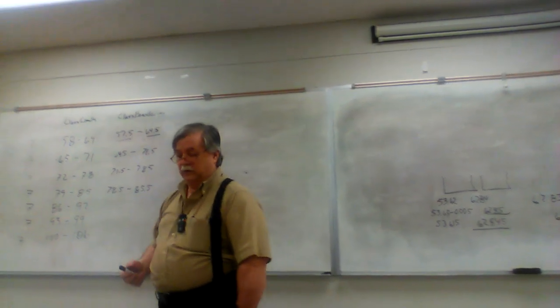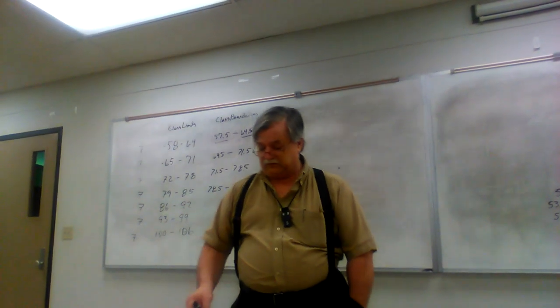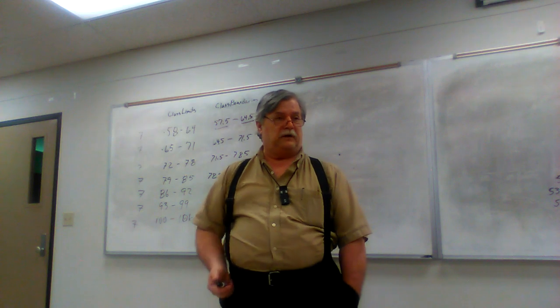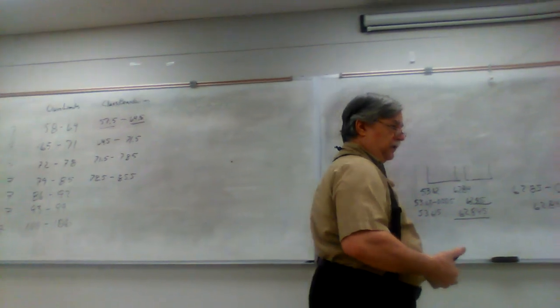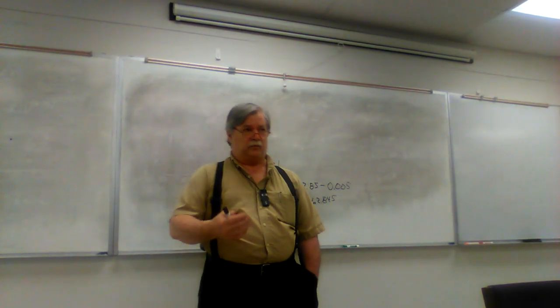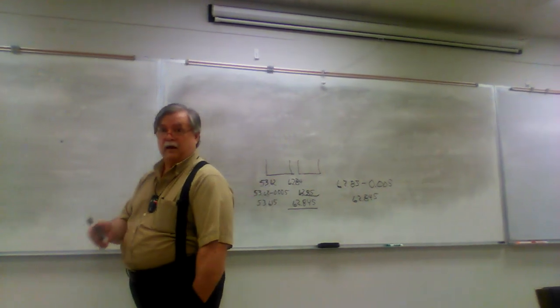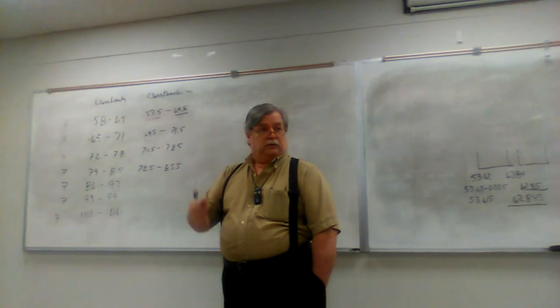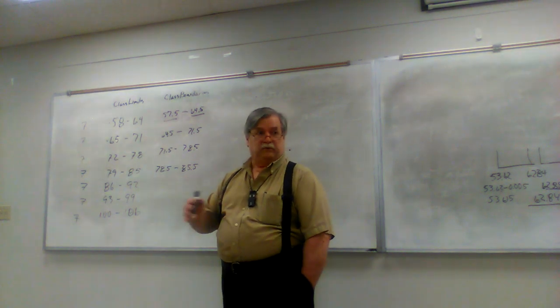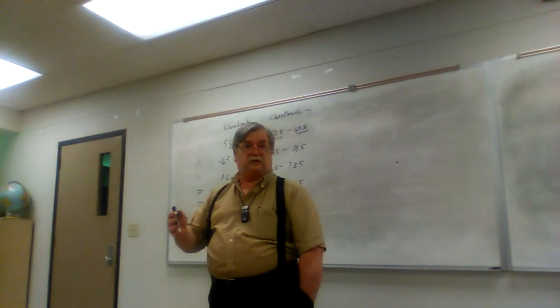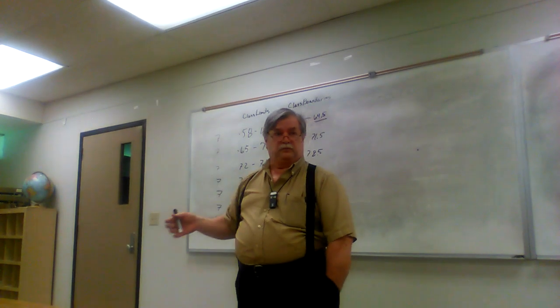So, the rule of thumb they give you in the book is 5 to 20. That's probably going to be a good number to use in the problems and examples they work in the book. In practice, that may not always be the case. The more classes you subdivide a frequency distribution into, the more resolute your description will be.